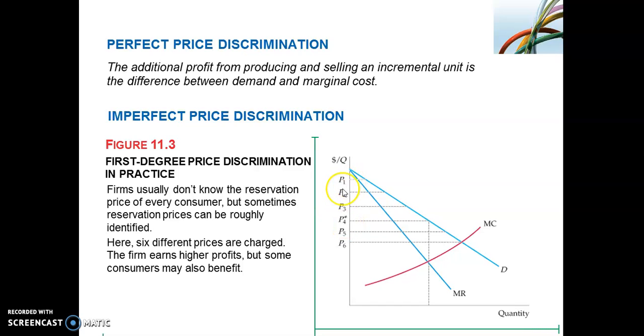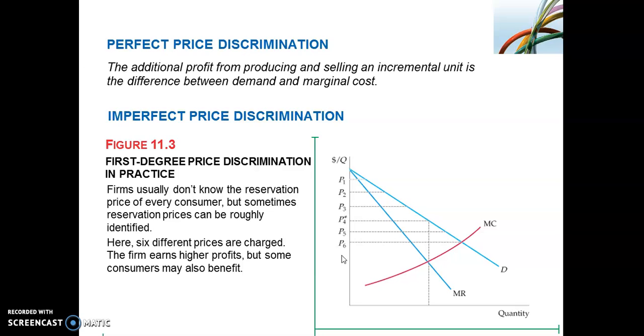Here are 6 different prices being charged. So firms usually don't know the reservation prices of each and every customer, but sometimes the reservation prices can be roughly identified or estimated.